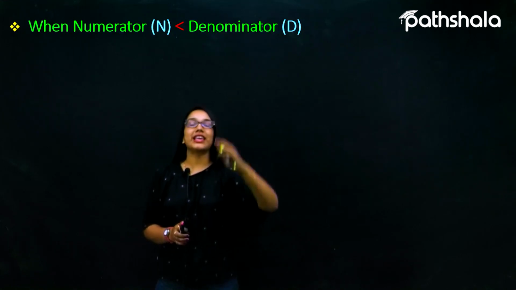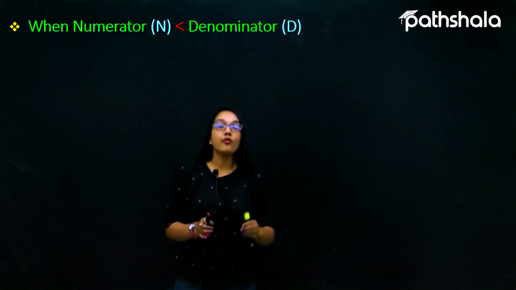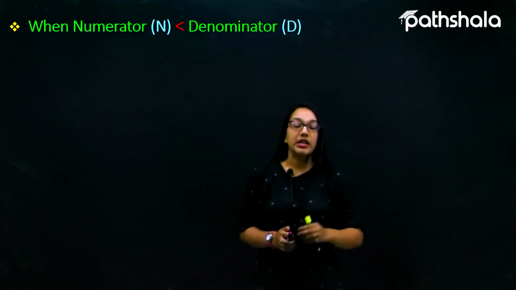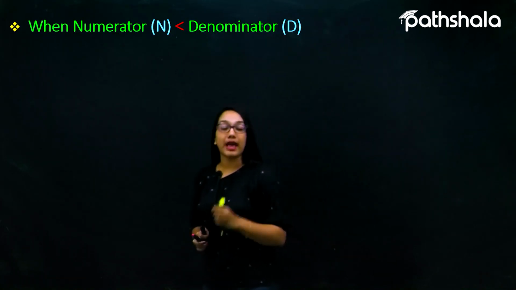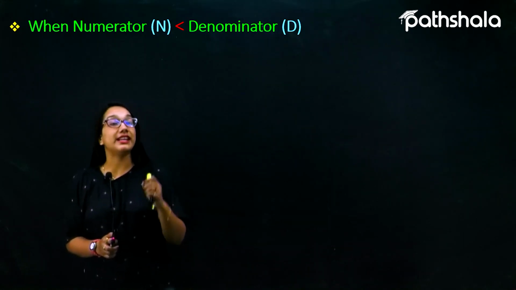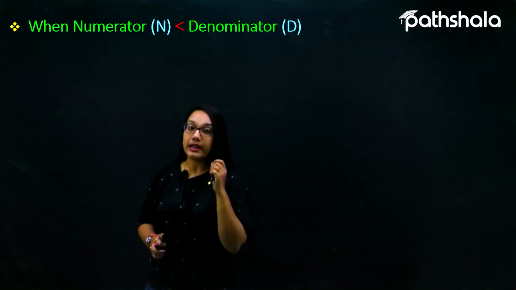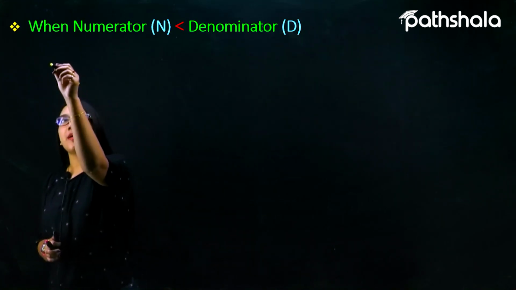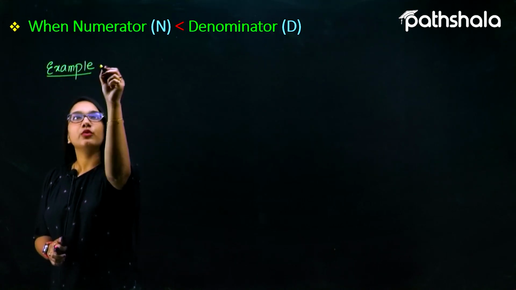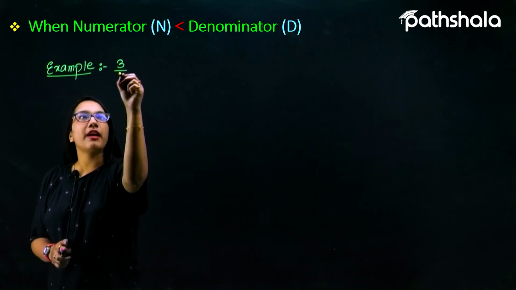In this case, we will see how we are able to plot the rational numbers on the number line. Let us suppose I'm taking an example of a rational number in which the numerator is less than the denominator, which is 3 by 4.